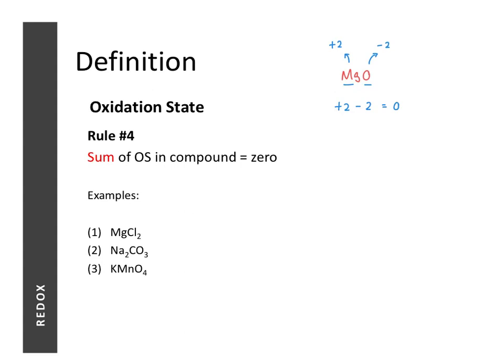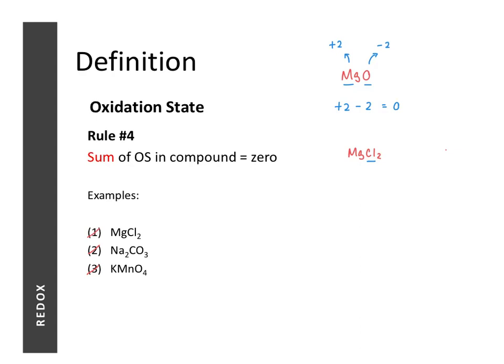We can see that in the bottom 3 examples. Let's look at example number 1, magnesium chloride, MgCl2. Now, if I ask you for the oxidation state of chlorine in magnesium chloride, would you be able to tell me?